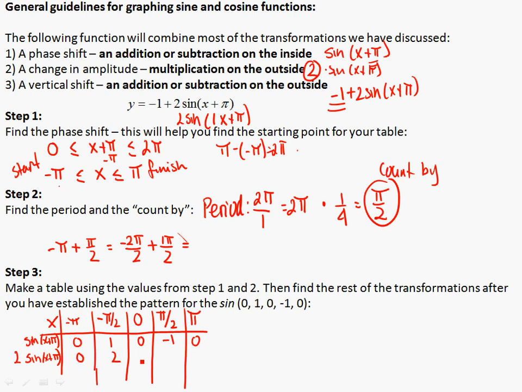So 2, 0, negative 2, and 0. What does the negative 1 do? Subtract, right? So minus 1: 2 minus 1 is 1, 0 minus 1 is negative 1, and negative 2 minus 1 is negative 3. And 0 minus 1 is negative 1.